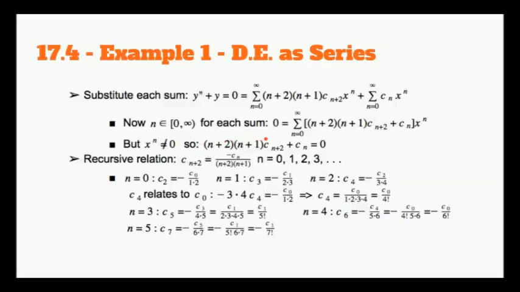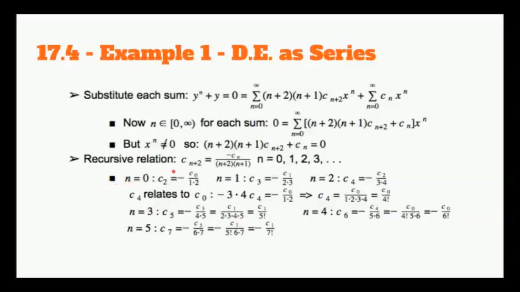For each sum, 0 is equal to the summation of (n plus 2 times n plus 1 times c(n plus 2) plus cn) times x to the power of n. But x to the power of n is not equal to 0, so n plus 2 times n plus 1 times c(n plus 2) plus cn is equal to 0.